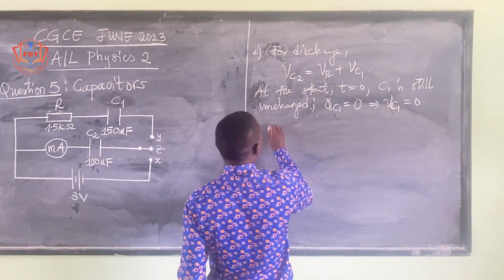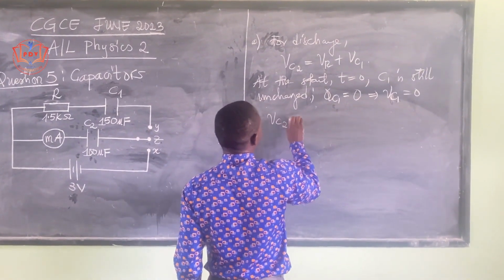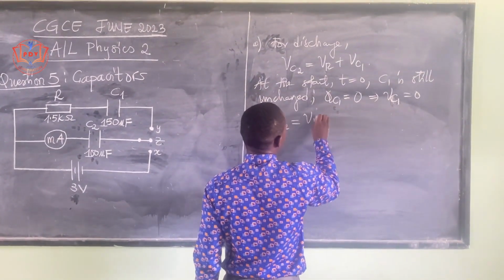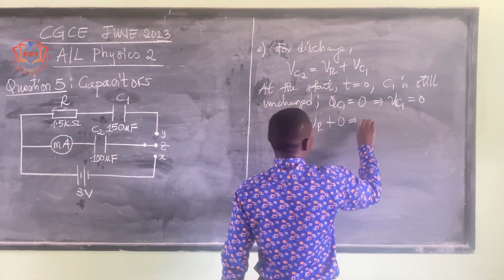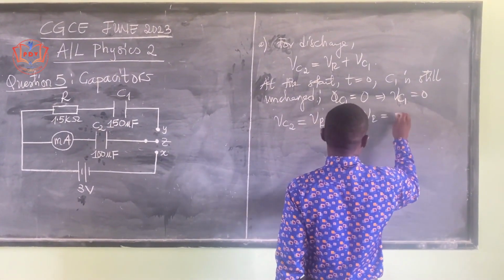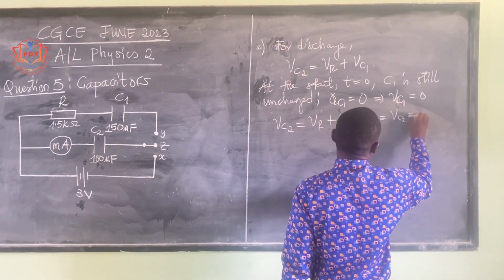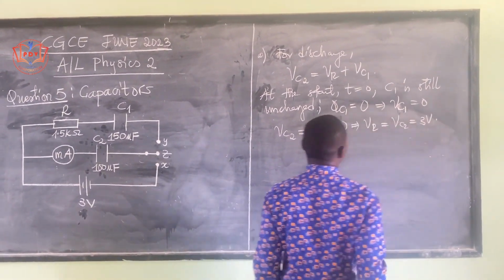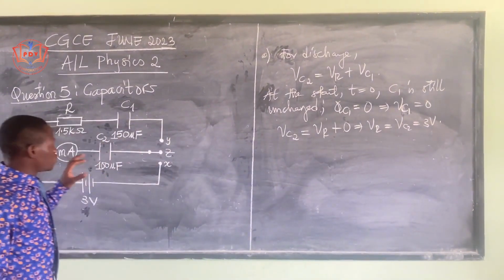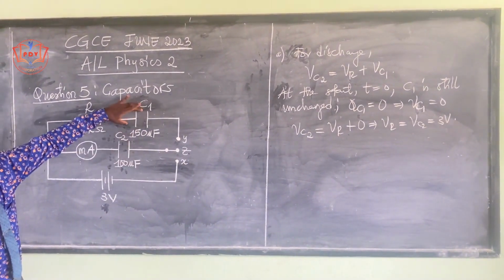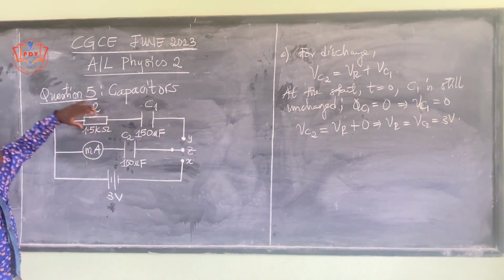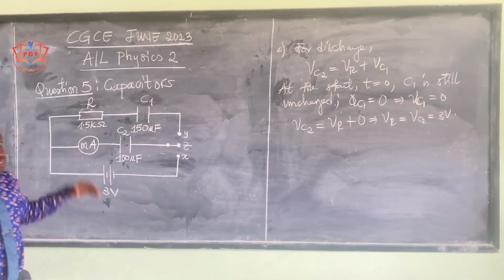So from there we have PD across C2 equals PD across R plus 0. Therefore, PD across the resistor is PD across C2, which is 3 volts. So at the start of the discharge, PD across C2 is 3 volts, PD across C1 is 0, and PD across R is 3 volts.